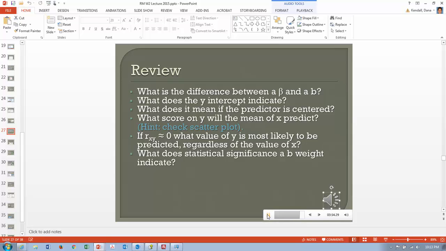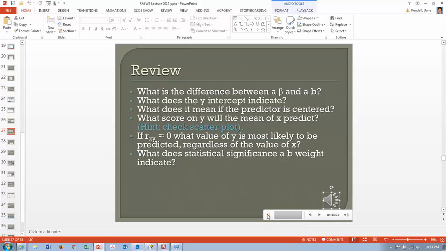That just means that the slope of the line is more than 0. So we can have a certain amount of confidence that that slope is not 0.